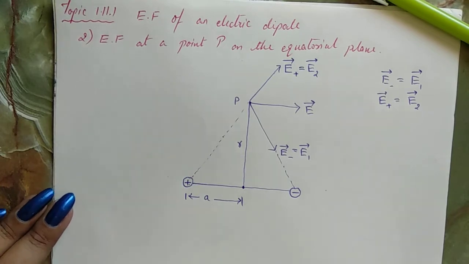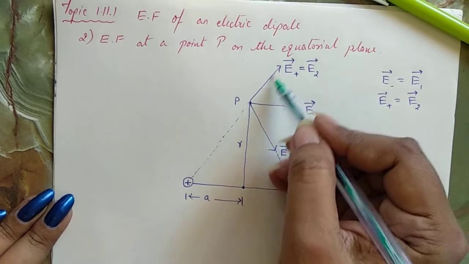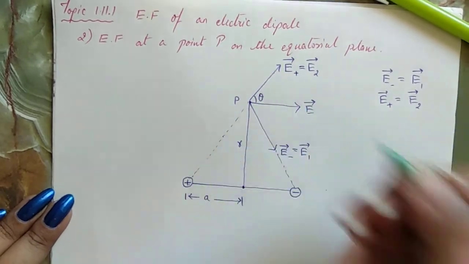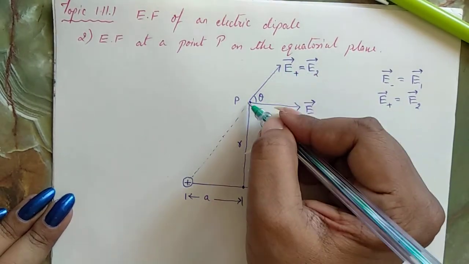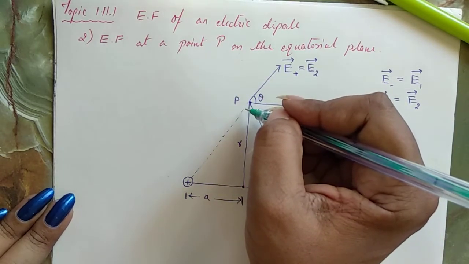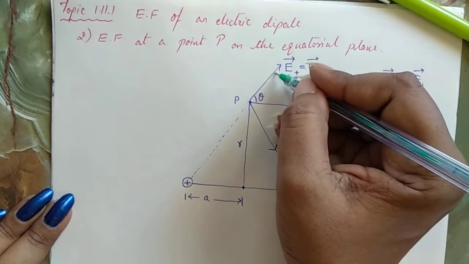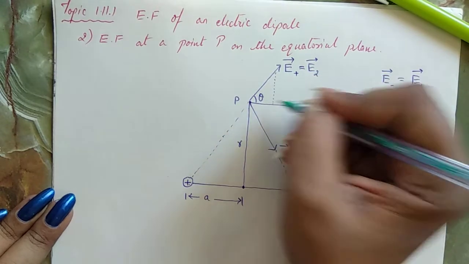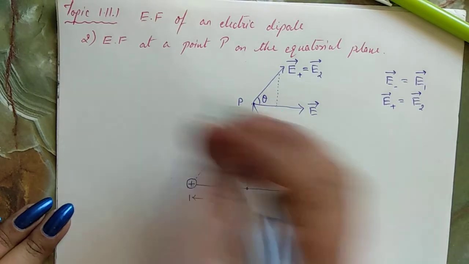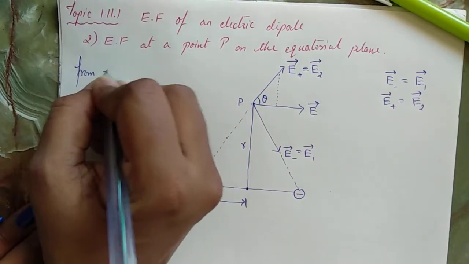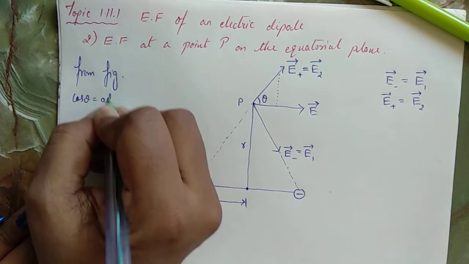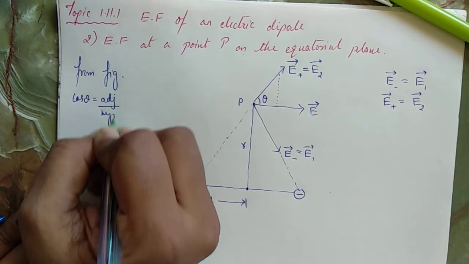So for that, just see this vector E2. It is inclined with the x-axis at angle theta. So this vector will get divided into two components, horizontal component and vertical component. Now I want the values of the components. So if I draw a right angle triangle like this, then by using the formula of cos theta, it was adjacent upon hypotenuse.